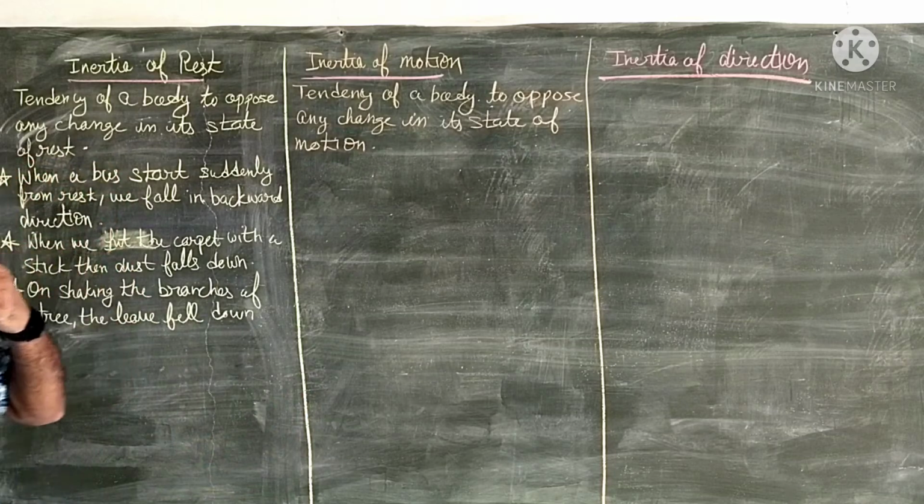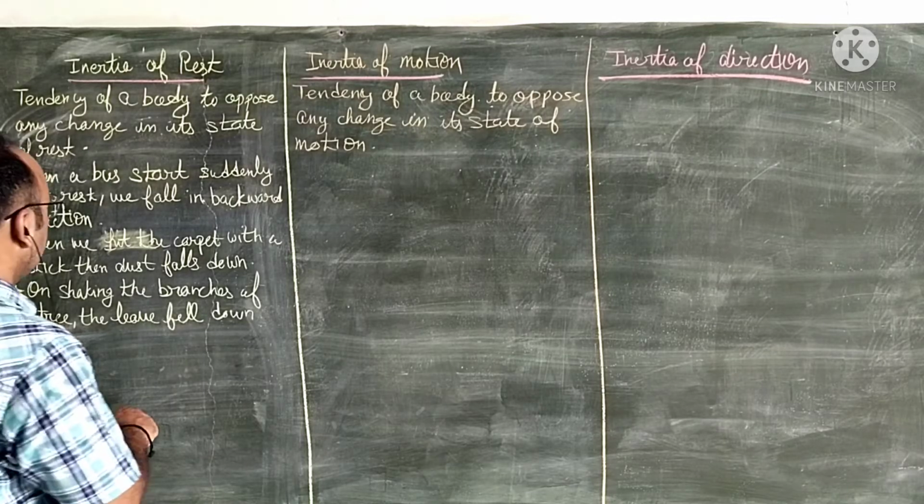As we are discussing inertia of motion, it will resist any change in its state of motion. Or it is the inability of the body to change its speed on its own. So let's discuss an example.